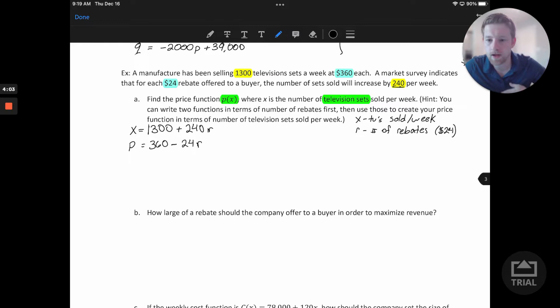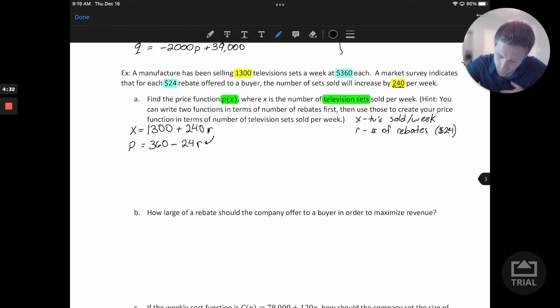So both of these items are now in terms of the rebates applied. We would like to solve for, again, the P of X function. To do this, we have to combine these two functions carefully. If I solve for R in my first equation, I could do some substitution and make the P function in terms of X, and that's my goal.